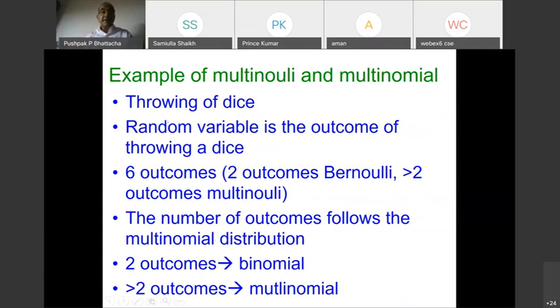So here we have 6 outcomes. Now the probability of getting a particular outcome is a property of the random experiment. In particular, it is a property of the entity involved in the random experiment. So the probability of getting a 1 from a dice is the property of that dice.